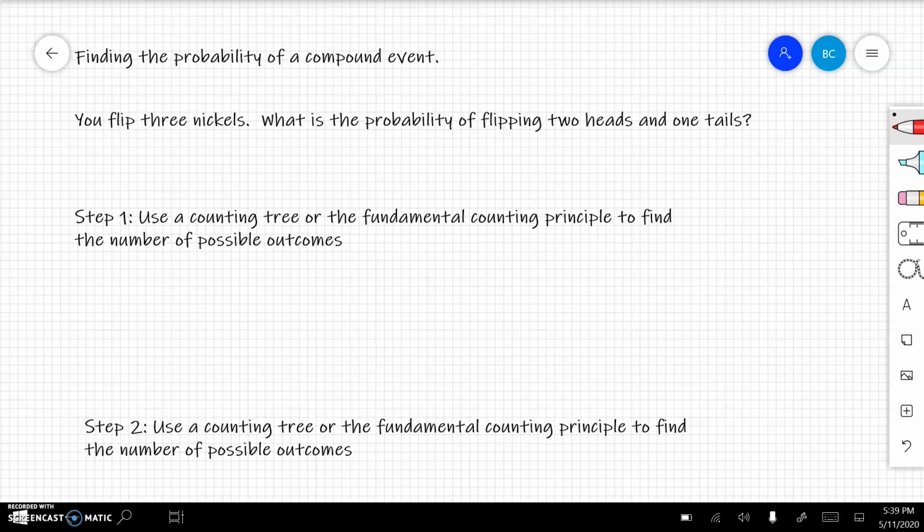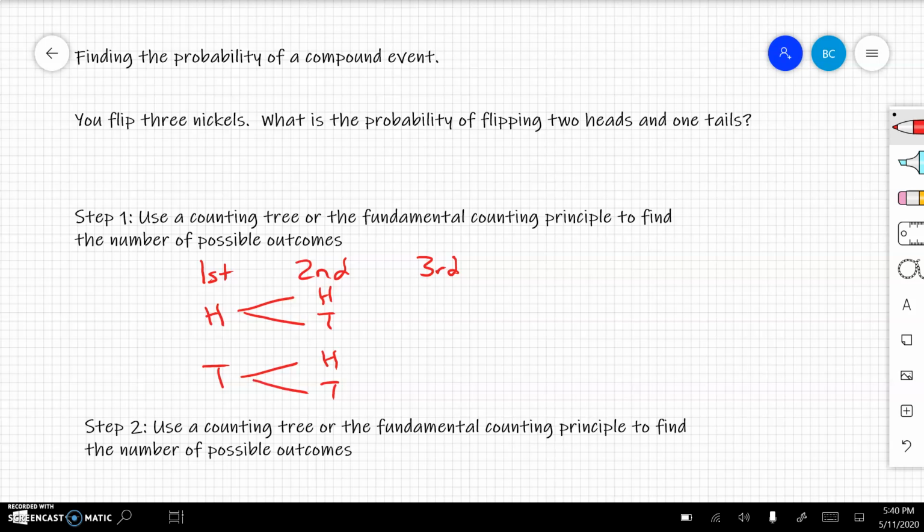So we have 3 nickels, so I'm going to have my first nickel, my second nickel, and my third nickel. On the first nickel, I can either flip a head or a tail. On the second nickel, independent of that, I could flip a head or a tail, regardless of what I did on the first nickel.